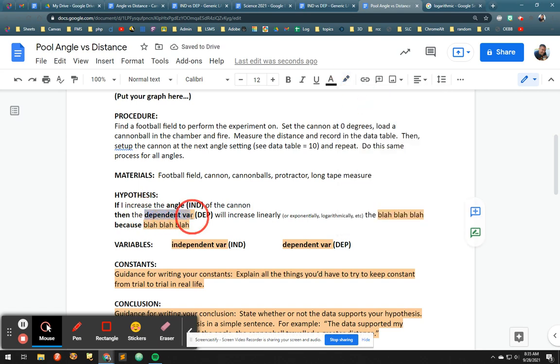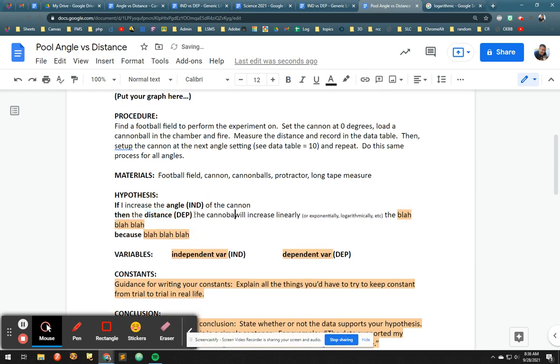Then the dependent variable is distance. And once again, I don't want the highlighting, so take that off. Then the distance the cannonball will travel, or goes, how about that?